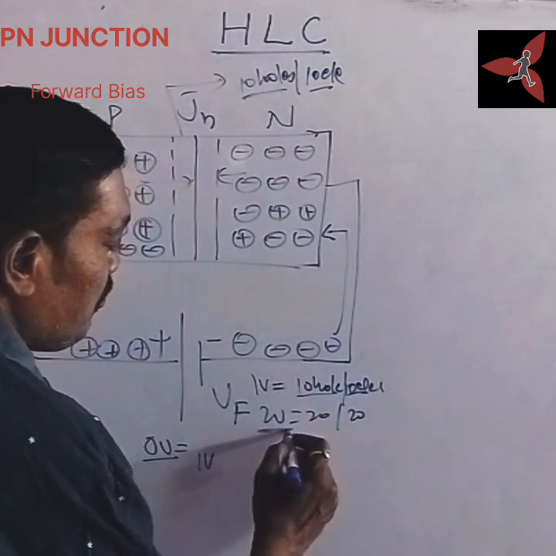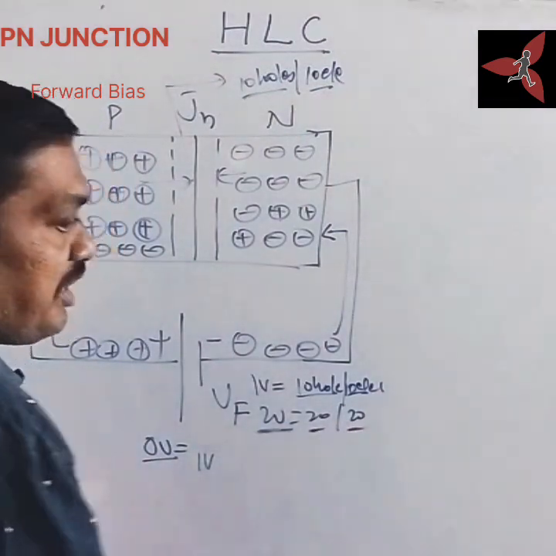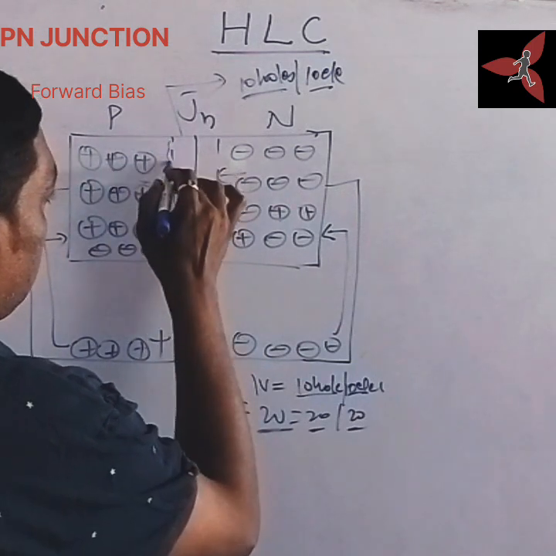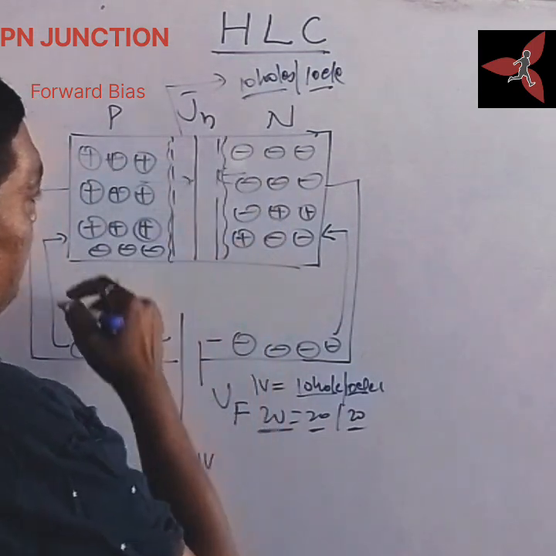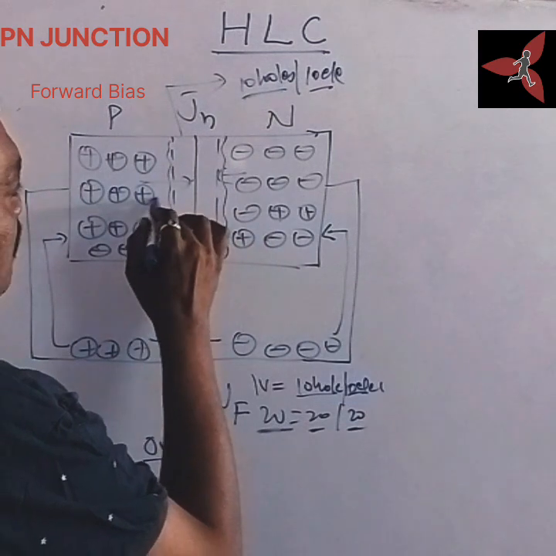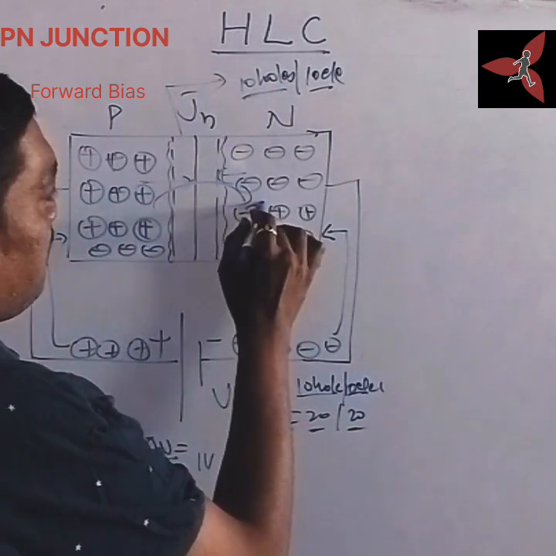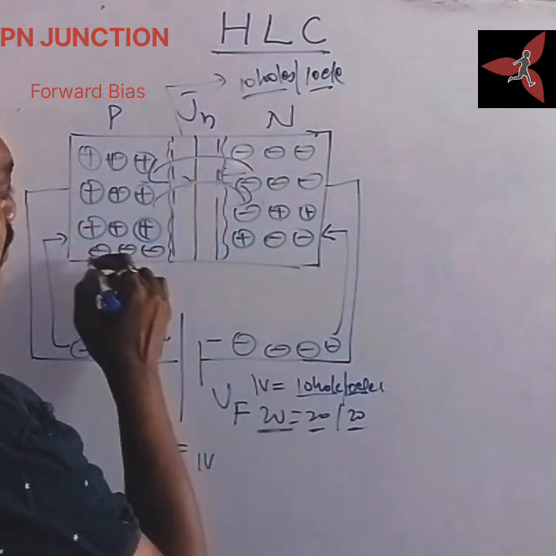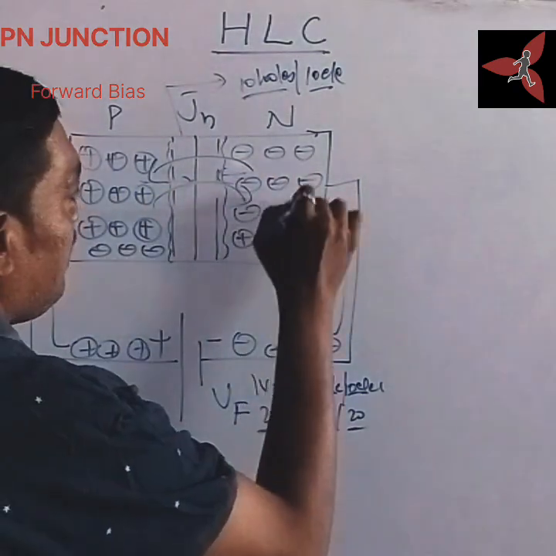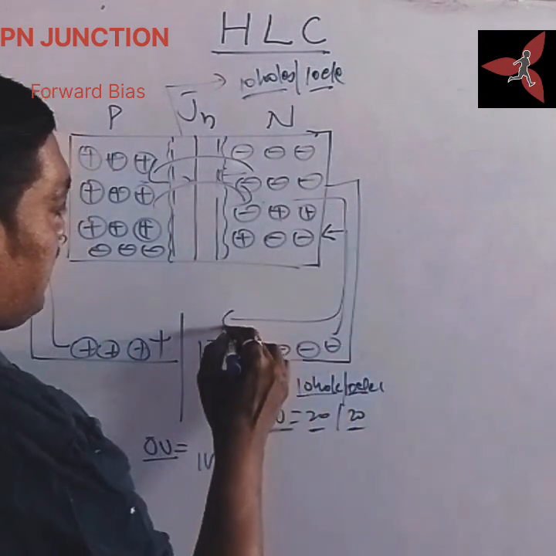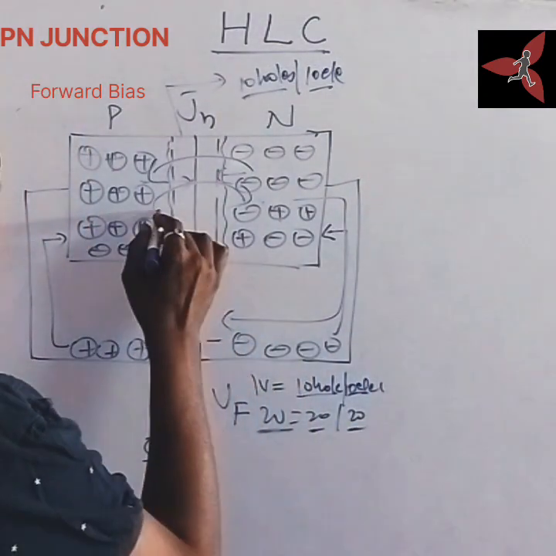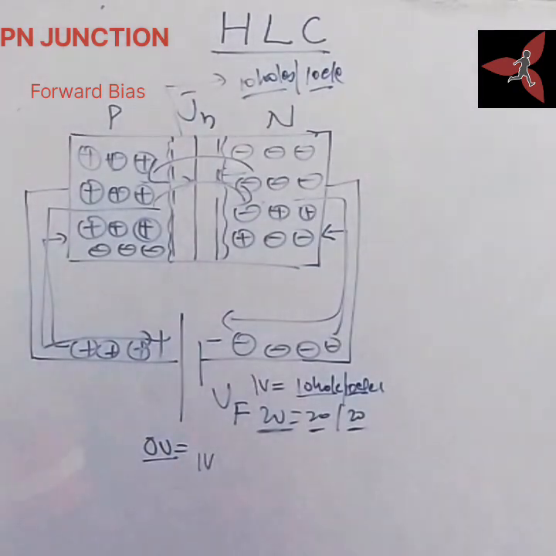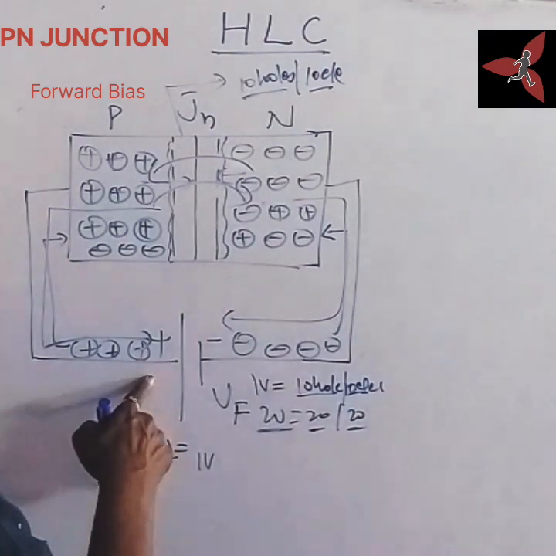Whenever I apply 2 volts, there will be a supply of 20 holes and 20 electrons. The 10 holes will be stopped by the depletion layer, and the remaining 10 holes will cross the junction and move towards n-type, and 10 electrons will move from N to P. The collected holes are attracted by the negative terminal and get neutralized, and the collected electrons are attracted by the positive terminal of the external supply and get neutralized.